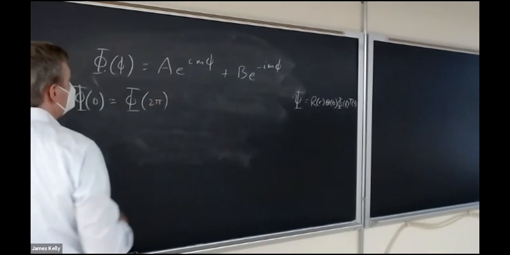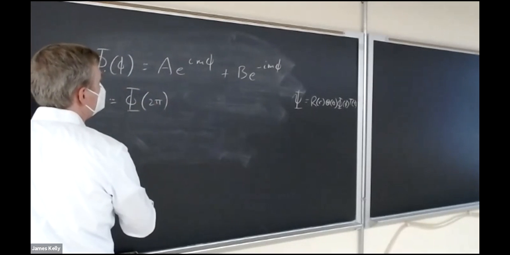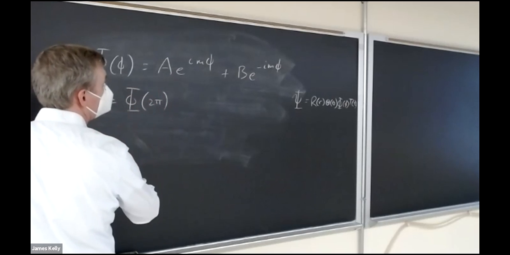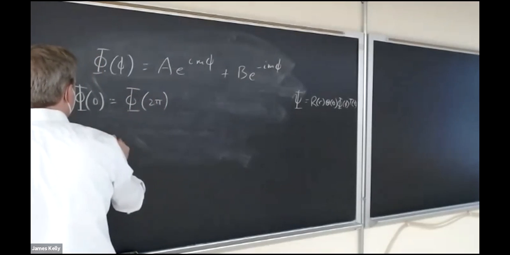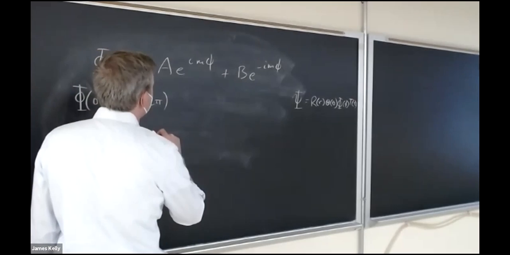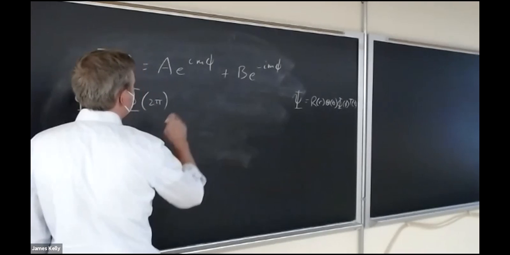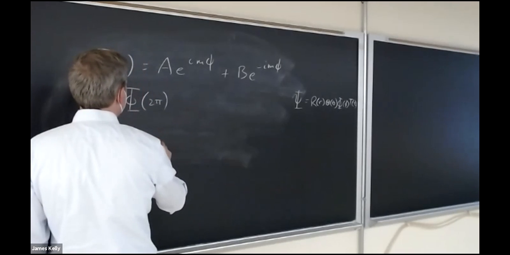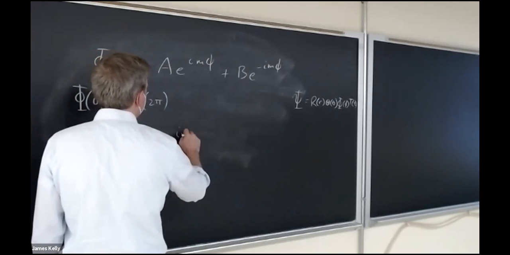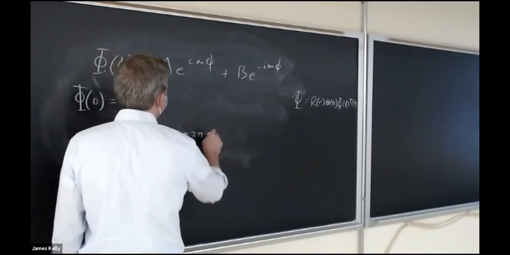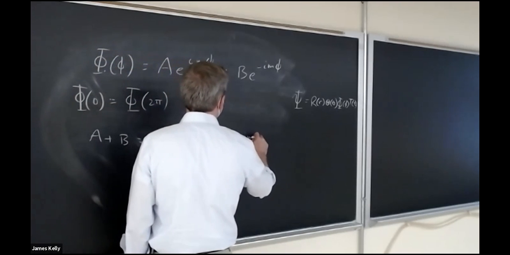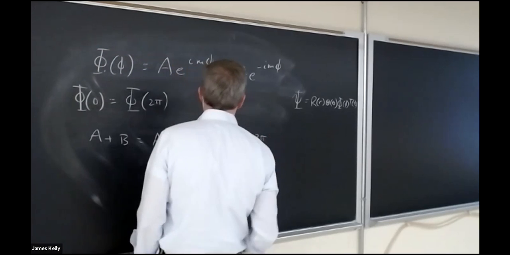Okay. So when I plug in phi equals 0 in there, I get e to the 0 is 1. So I get a plus b is equal to, and let's see, phi equals 2 pi, I get a e to the i m 2 pi plus b e to the minus i m 2 pi.